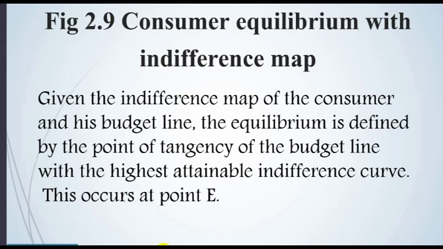Substituting and solving for lambda, we obtain MU1 over P1 is equal to MU2 over P2 is equal to MUn over Pn.